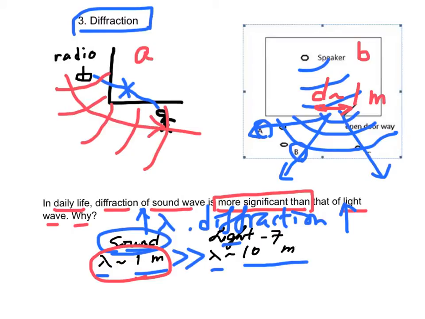Therefore, sound can be diffracted to a much greater extent when passing through the doorway. However, the wavelength of light wave is much smaller than the width of the door. Therefore, light cannot show diffraction.